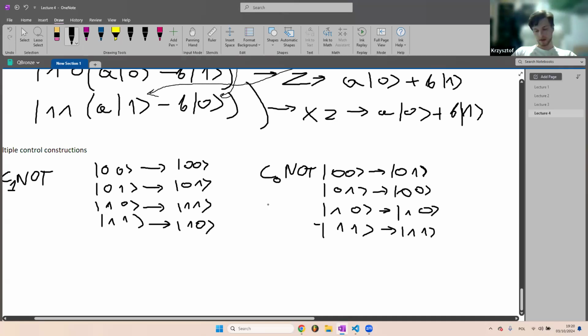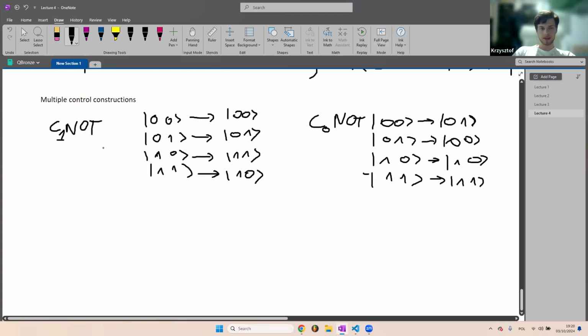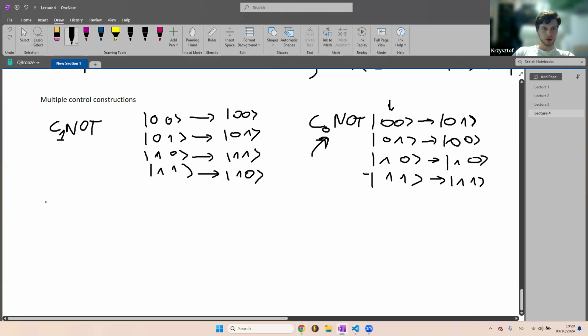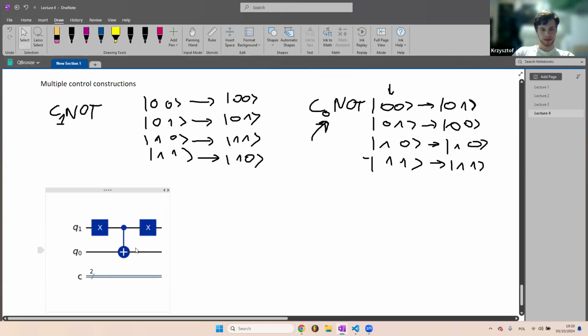It turns out that in order to construct this operator from standard quantum gates, you need to apply an X gate before the control. So actually the circuit of such a C0 naught will look like this.